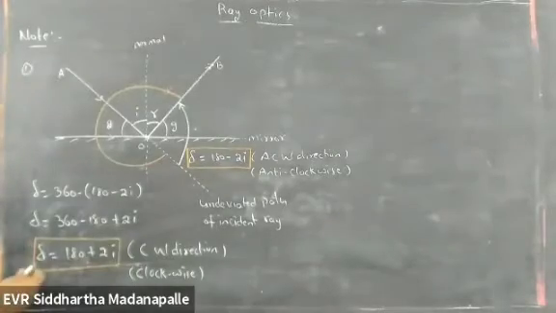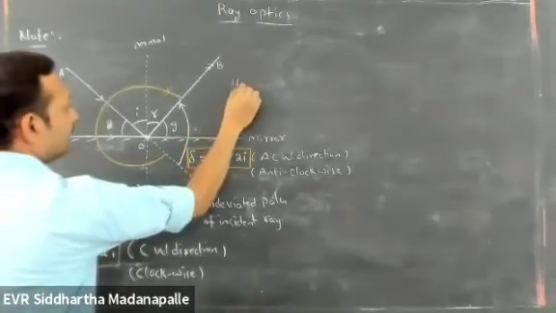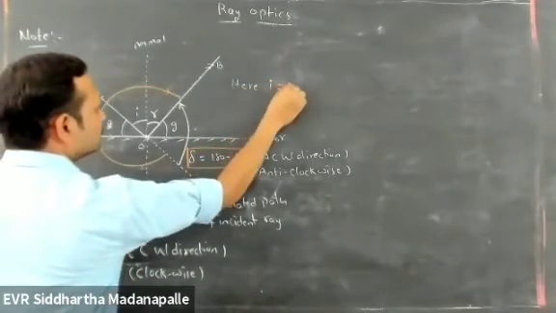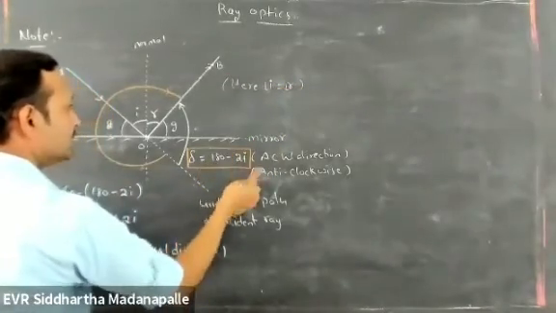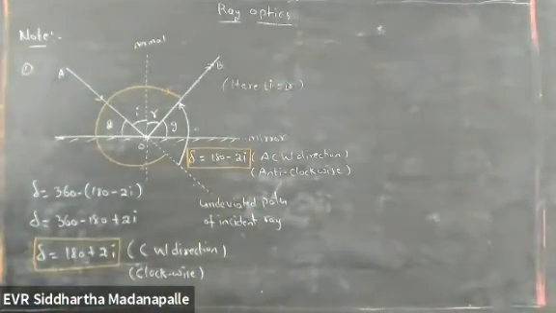According to the laws of reflection, the angle of incidence is equal to the angle of reflection. So we can write 180 minus 2i or else 180 minus 2r. In the clockwise direction it is 180 plus 2i or else 180 plus 2r also. Is that clear? Okay.